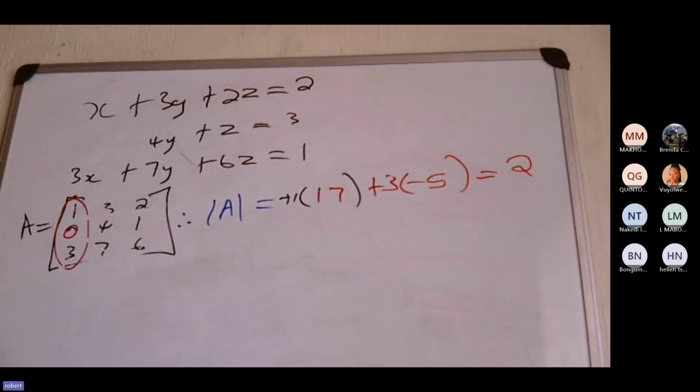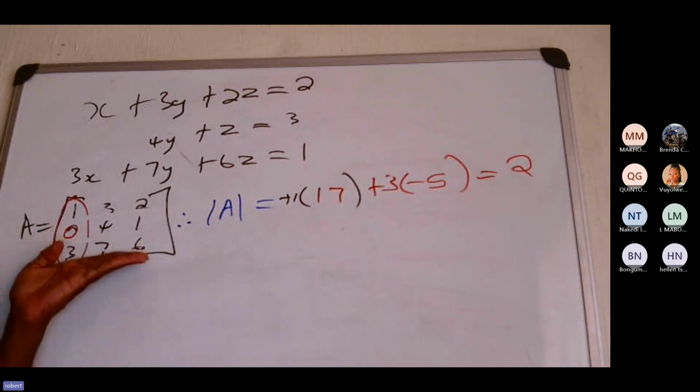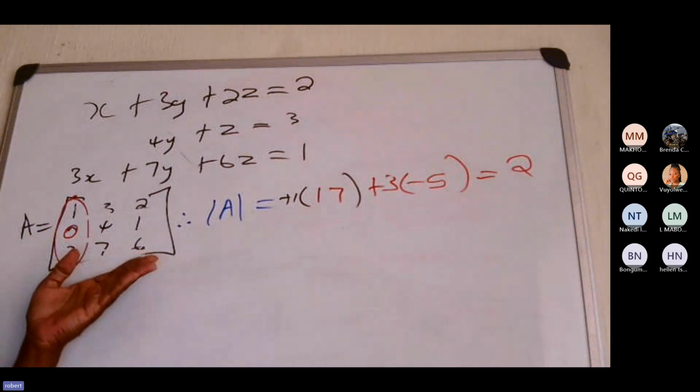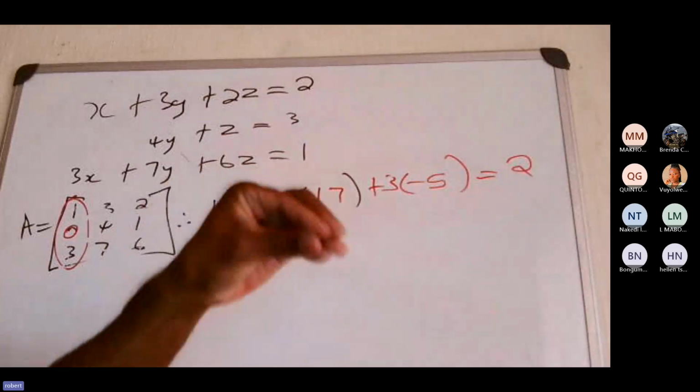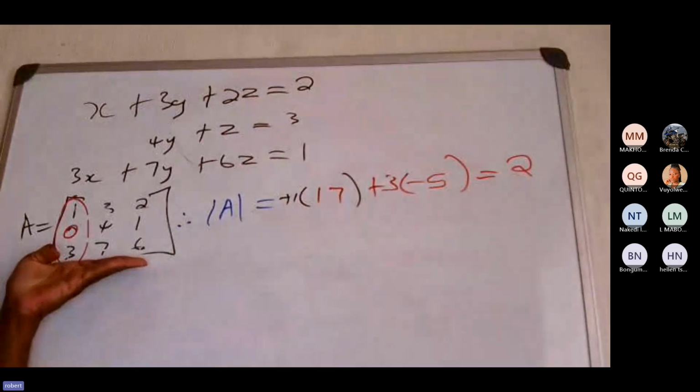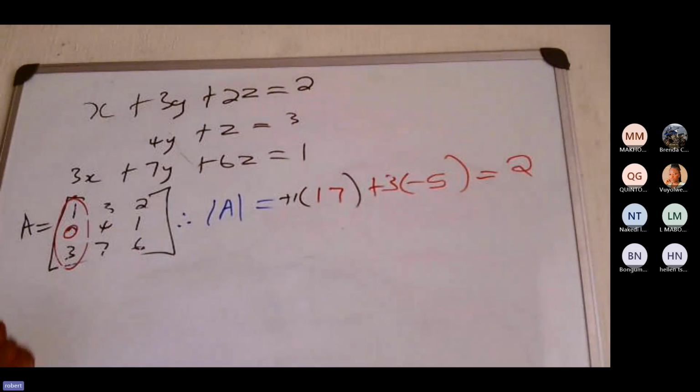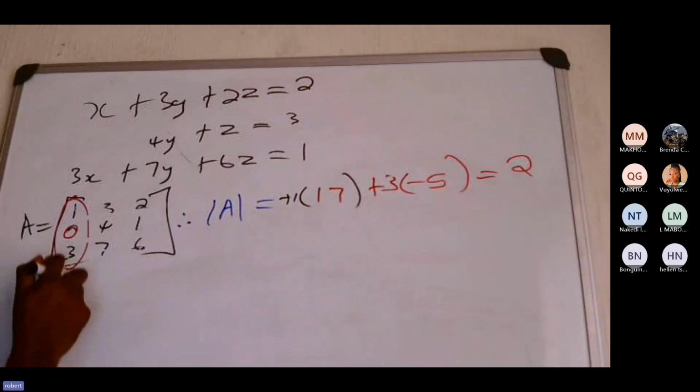Then how do you find the inverse? We know it. We must first find what? Remember, this is the coefficient matrix. Then we must now find the cofactor matrix. How do you go using the cofactor matrix? You must now find the minor.